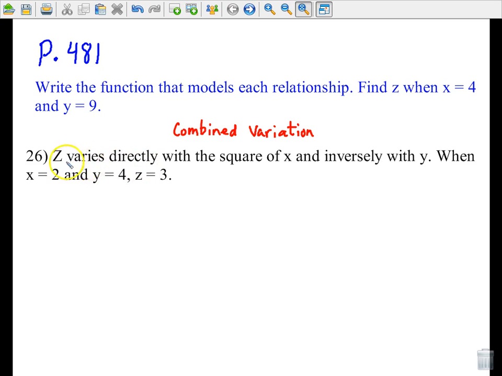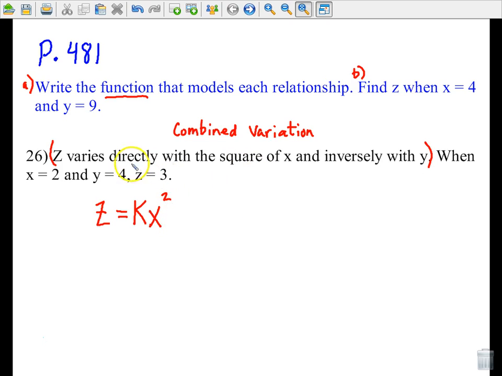I want to show you first of all how you can come up with the function, and that'll be our answer part A, and then we'll do part B, evaluating the function for x is 4 and y equals 9. Let's interpret this sentence: z varies directly with the square of x. Remember, direct variation implies multiplication, so we're multiplying our constant of variation k times the square of x, which is another way of saying x squared.